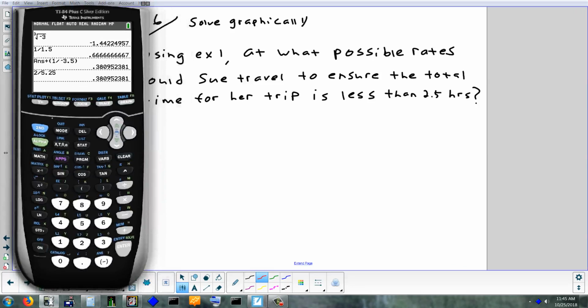So if I want to do that graphically, what would I have to do here? I've already got the original problem in y1. What would I want to put in y2? Yeah, 2.5. We're going to put in 2.5.